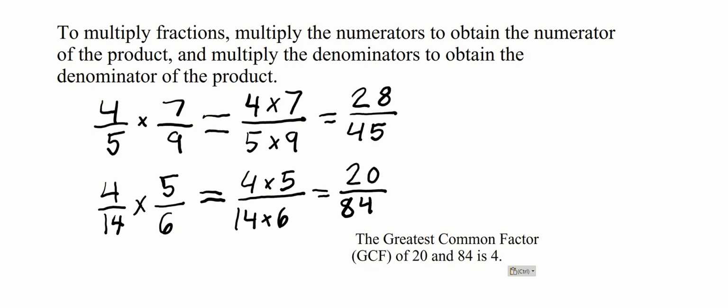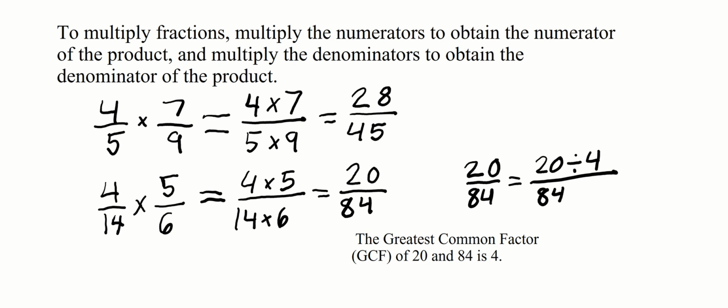So, 20 over 84 is equal to 20 divided by 4, all that over 84 divided by 4, which then equals 5 over 21.